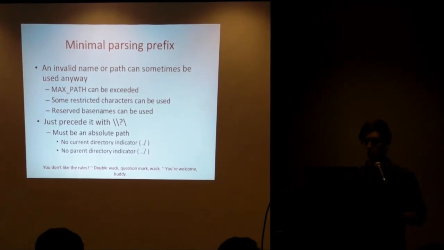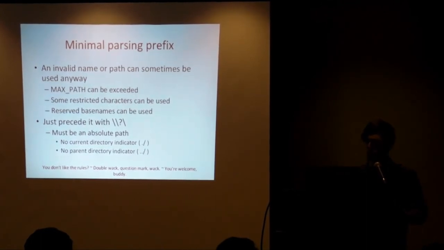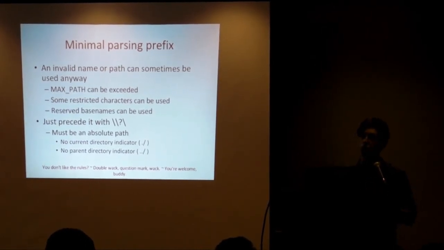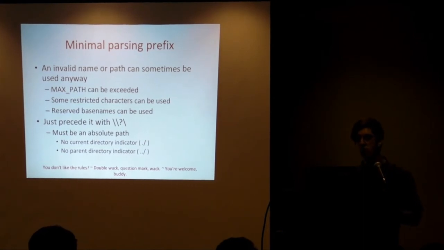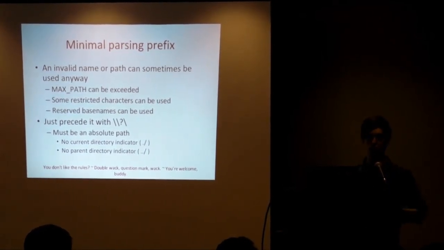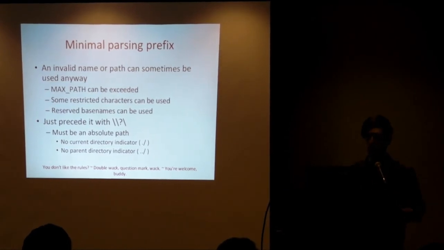Let's start with what I'm referring to as the minimal parsing prefix. Even in the MSDN documentation, I wasn't able to find a name for it, so I just gave it one. The minimal parsing prefix, which is \\?\, precedes an absolute file path. You can't use current directory or parent directory markers; it has to be a fully qualified path.